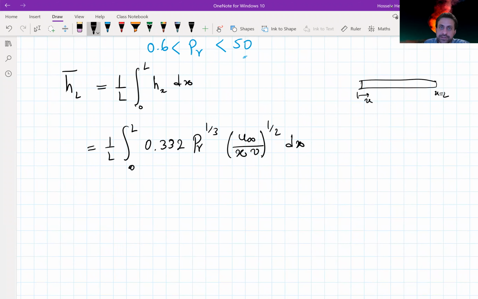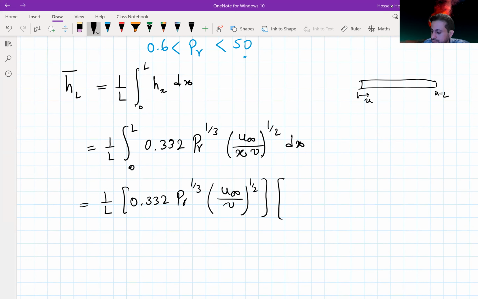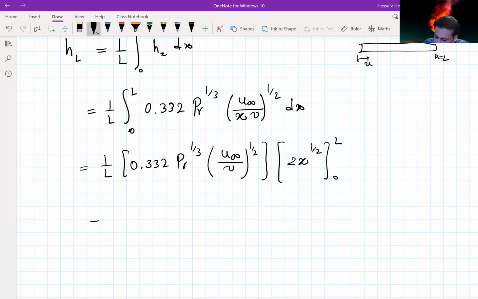Now, the only term that depends on x is this small x, so if we do the integral of that, we're going to get 1 over L times 0.332 Prandtl to the 1/3 (U infinity over nu) to the half, and the integral of 1 over x to the power of half is going to be 2x to the power of half from 0 to L. If we replace for L, we're going to get 0.664 Prandtl 1/3 Reynolds number at L, at the end of the plate, to the power of half.